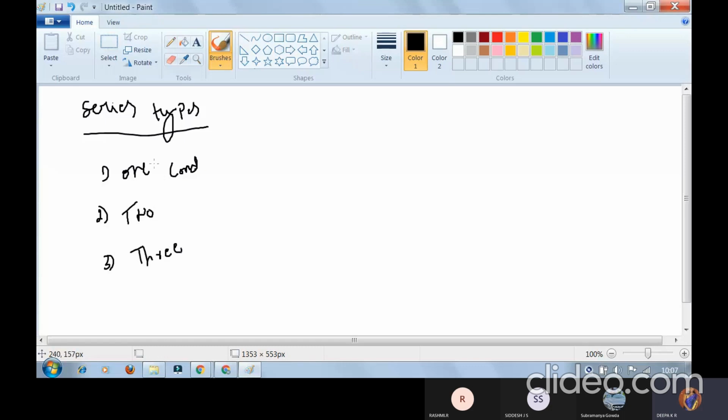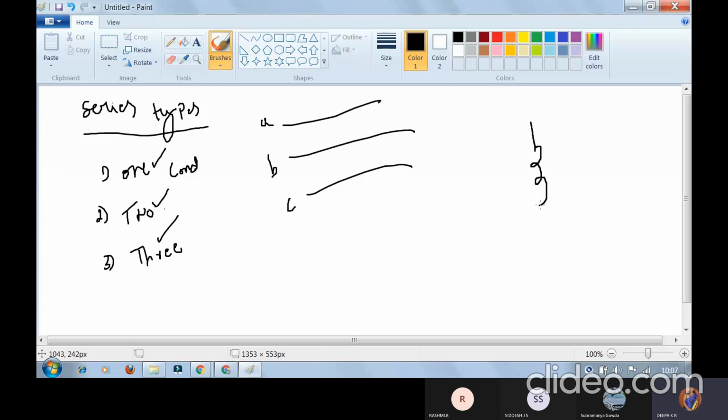First is one conductor open, second is two conductors open, and the third one is three conductors open. What is that? We know that there are phases: A phase, B phase, C phase. So this is A, B, and C. Whenever we consider windings, we are all familiar with this representation, right? We specify the starting end and finishing end.